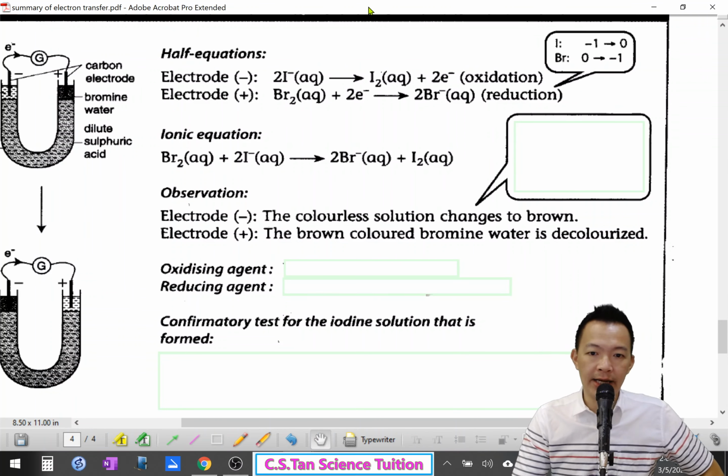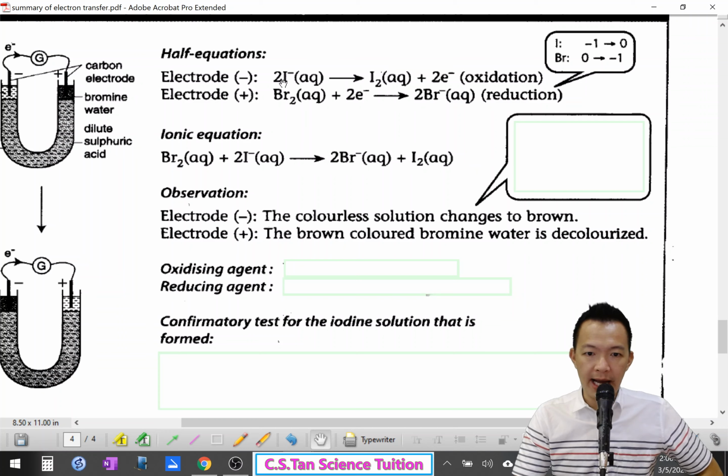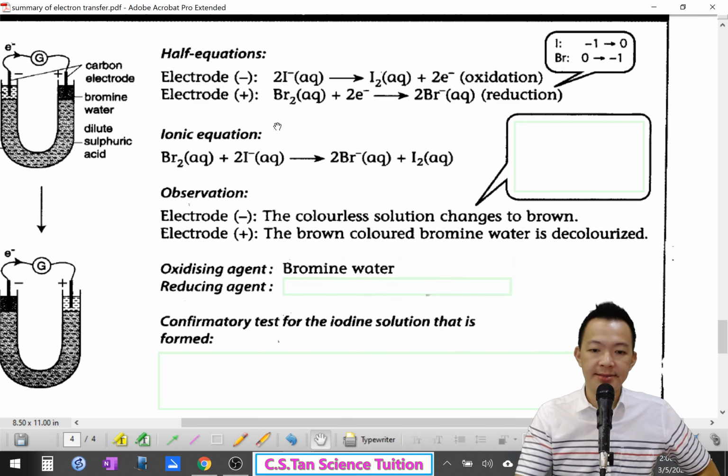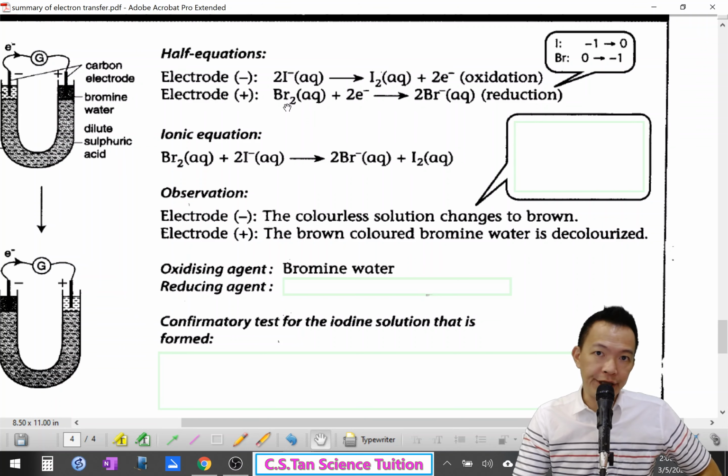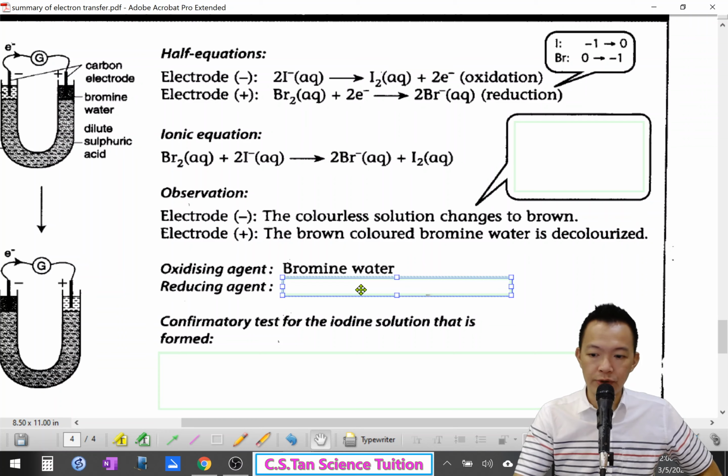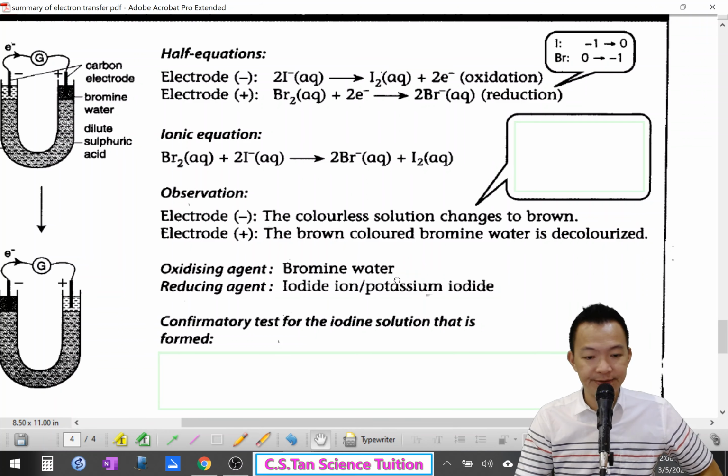Who oxidizes iodide to become iodine? Bromine. And who reduces bromine into bromide? Iodine.